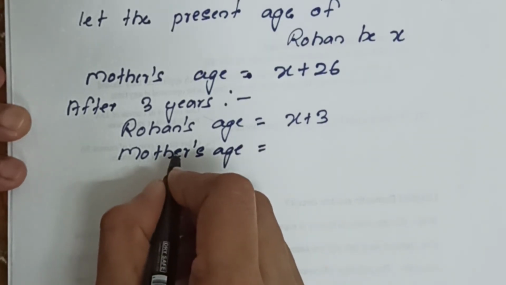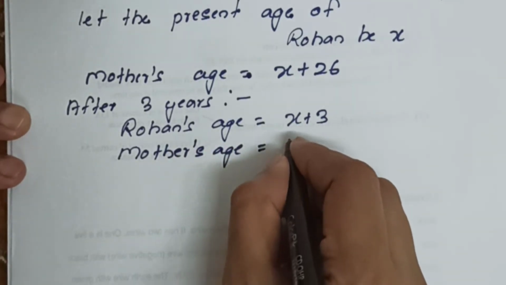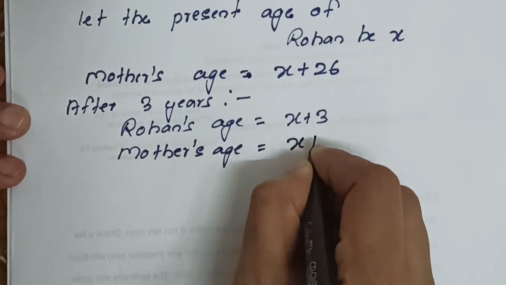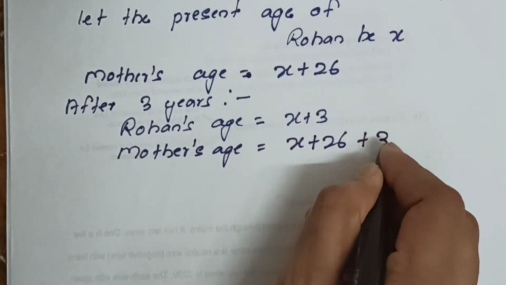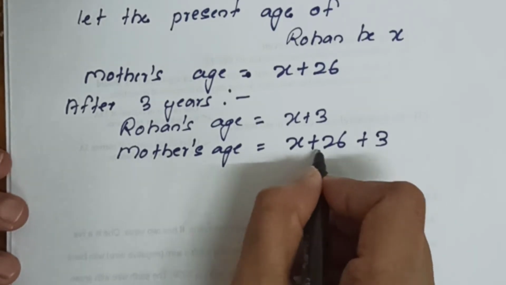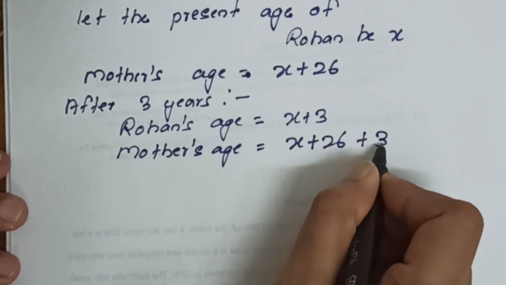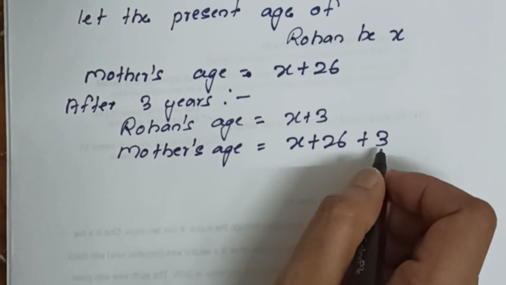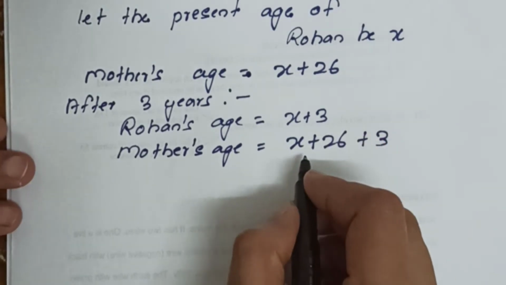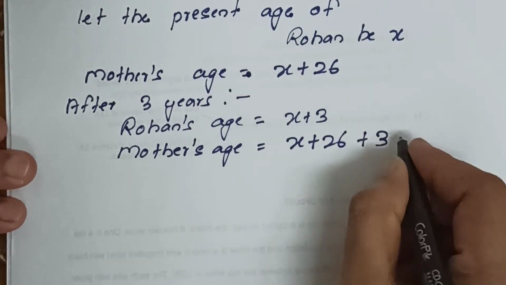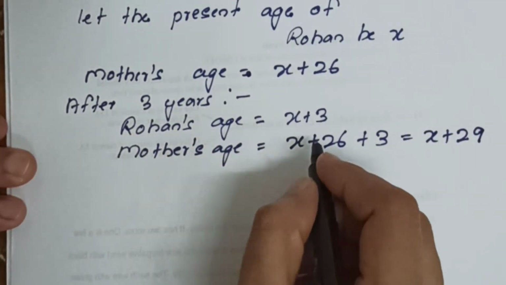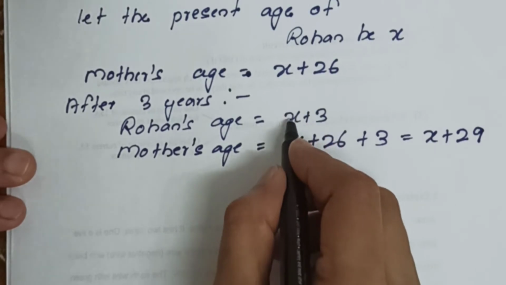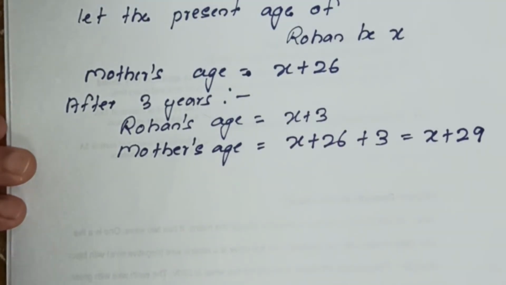So mother's age after 3 years is her present age x plus 26 plus 3. Is it clear? This is her present age and we are adding 3 to that in order to get her age after 3 years. So it is x plus 26 plus 3, that will be x plus 29. So we got both of their ages, x plus 3 and x plus 29 after 3 years.